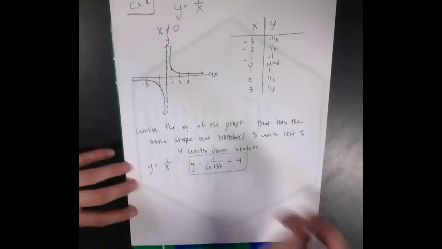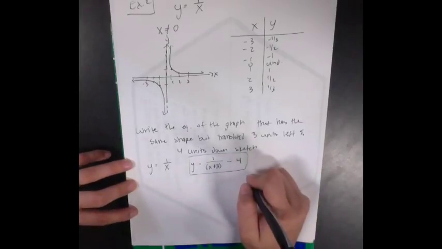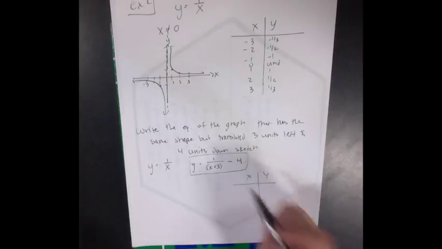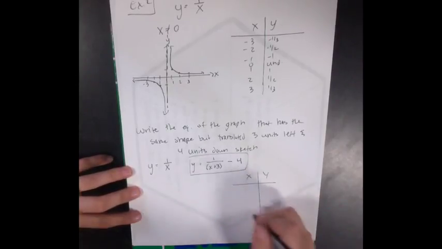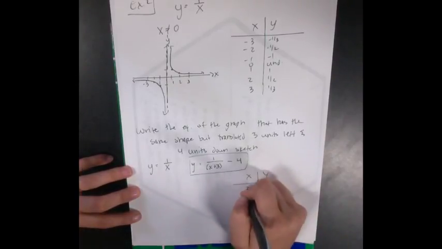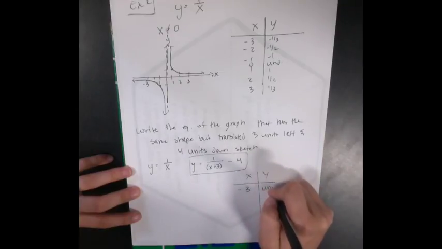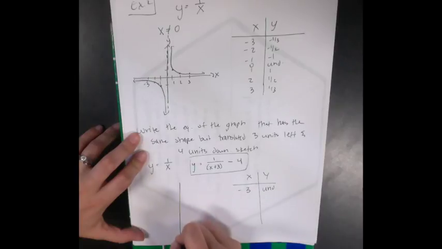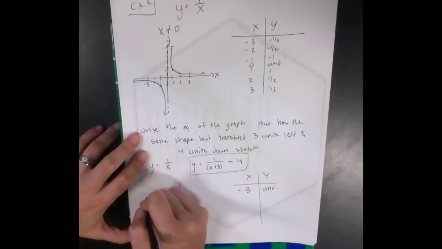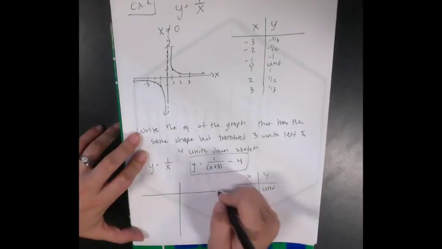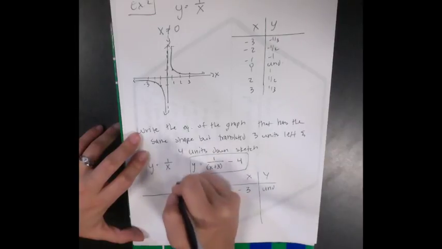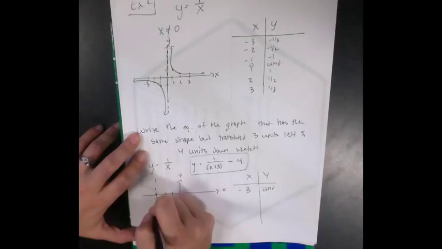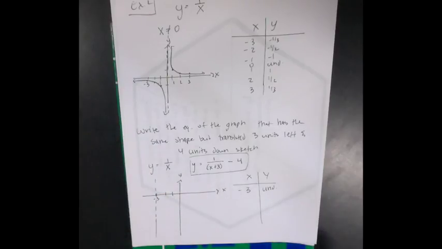Now, I have a new asymptote. I know that x cannot equal -3. If I plug in -3, it's undefined. So now in my graph, x equals -3 is my asymptote.